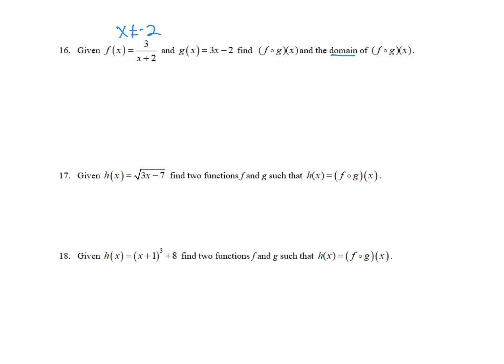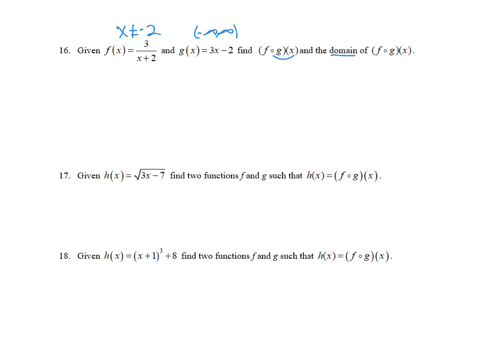In g of x equals 3x minus 2, that's a line, so in this case, that's all real numbers. I don't have to worry about any kind of restrictions there. So when I start to compose them, I have to take into consideration two things. First of all, what is the domain of the inside function g of x? Well, it's all real numbers, so I don't really have any restrictions to worry about with that domain.